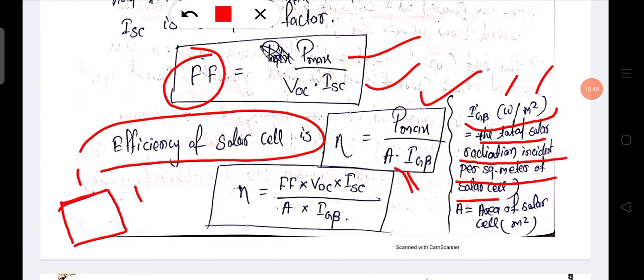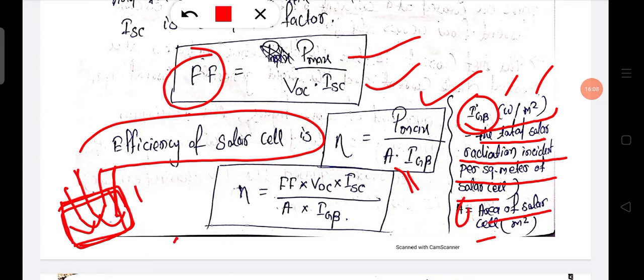That intensity is called Ig beta, and A is the total area of the solar cell in meter square.